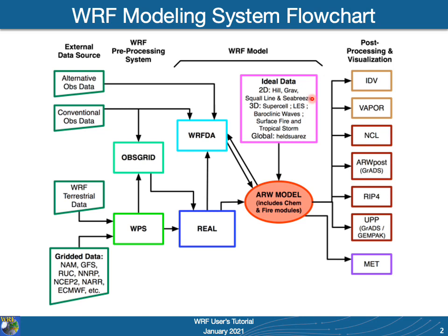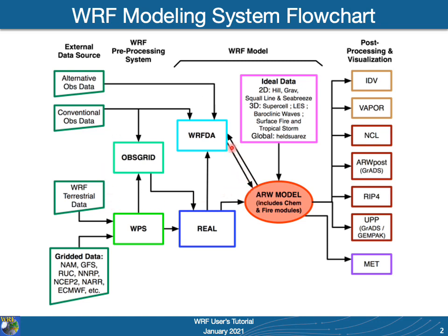And those idealized initial conditions are in contrast to what we call real data initial conditions. Real data initial conditions are initial conditions that are intended to represent the state of the atmosphere at some specific point in time over some specific part of the real Earth's surface. And there are four different components of the modeling system that might be involved in the production of real data initial conditions.